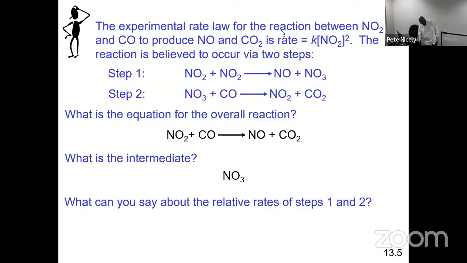The hint is right here in the rate law. Rate is equal to k times the concentration of NO2 squared. So what can you say about the relative rates of those two steps? In other words, which one would be faster, or which one would be slower? Let's deal with slower. Which one would be the rate determining step?